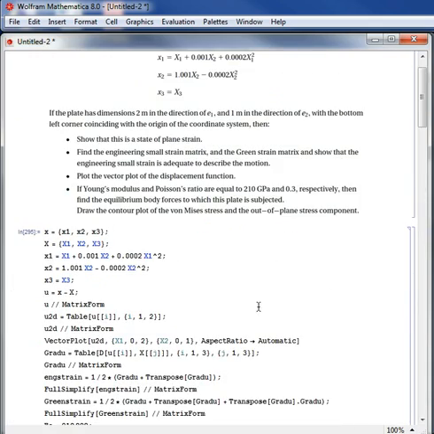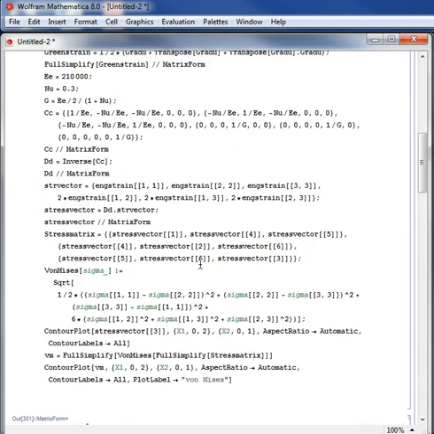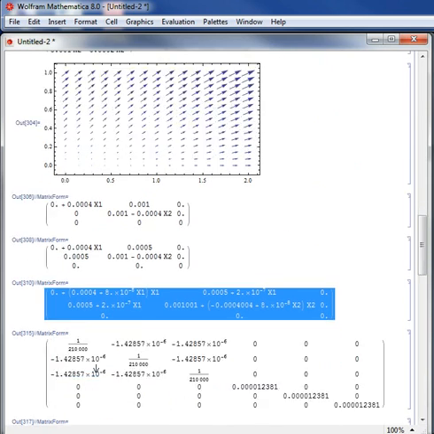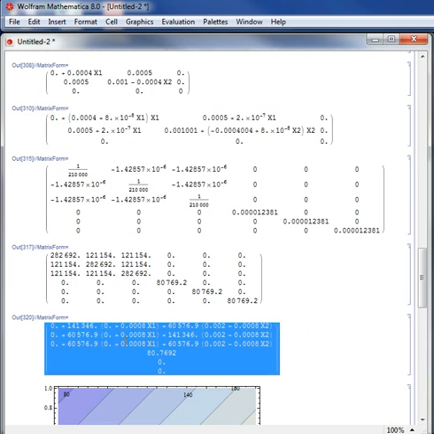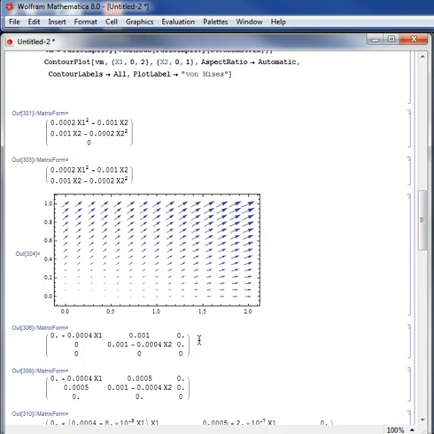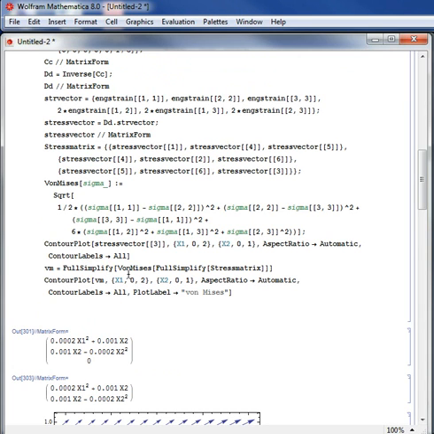So we've calculated Young's modulus, Poisson's ratio, we've drawn the contour plots of von Mises and the out of plane stress component, which is sigma 33. We need to find the equilibrium body forces, so similar to what we did in chapter 4. We already have the stress matrix. So this is our stress matrix, or the stress vector representing the stresses inside the plate.